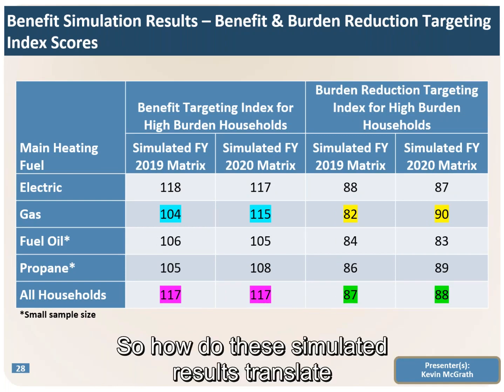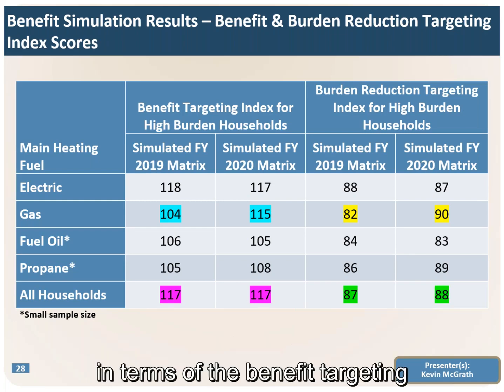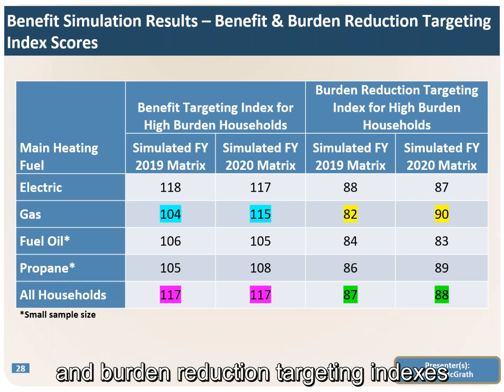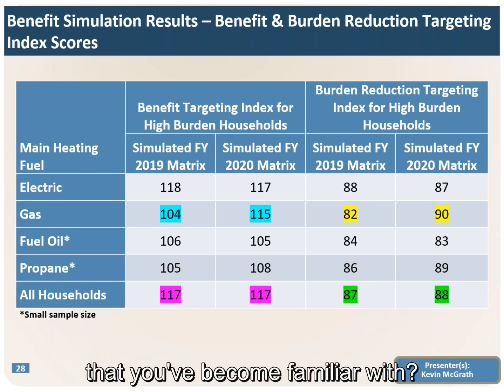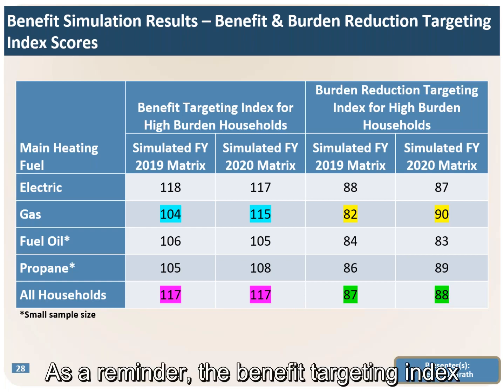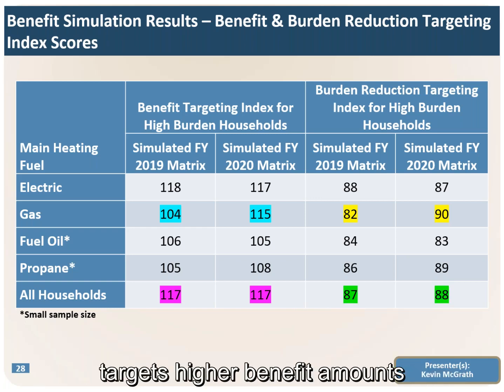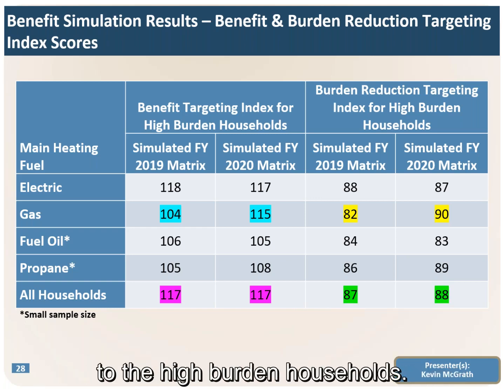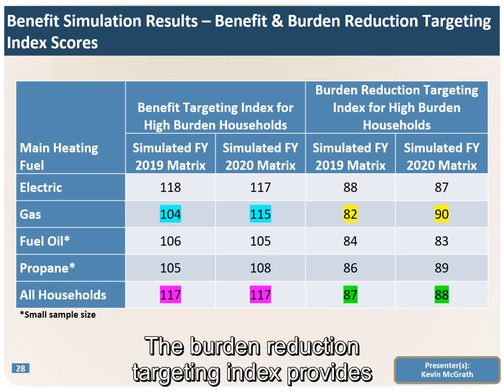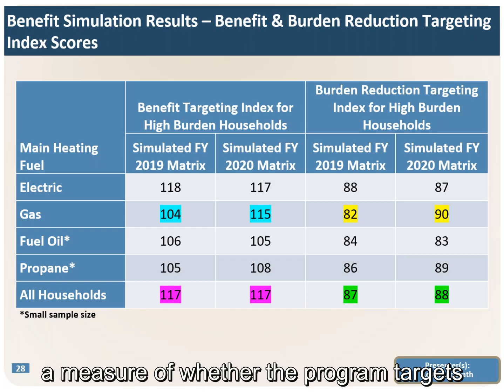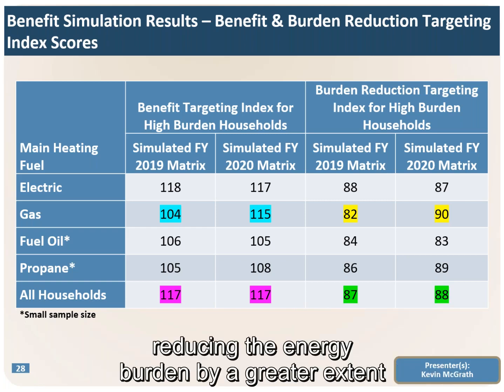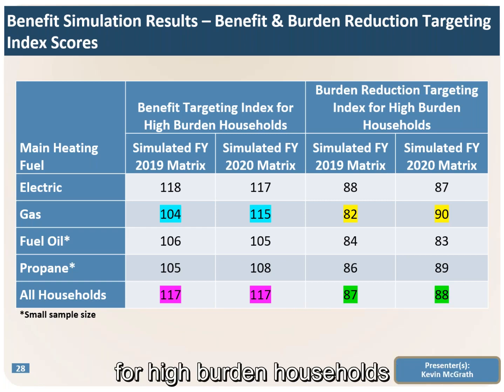So how do these simulated results translate in terms of the benefit targeting and burden reduction targeting indexes that you've become familiar with? As a reminder, the benefit targeting index provides a measure of whether the program targets higher benefit amounts to the high burden households. The burden reduction targeting index provides a measure of whether the program targets reducing the energy burden by a greater extent for high burden households.